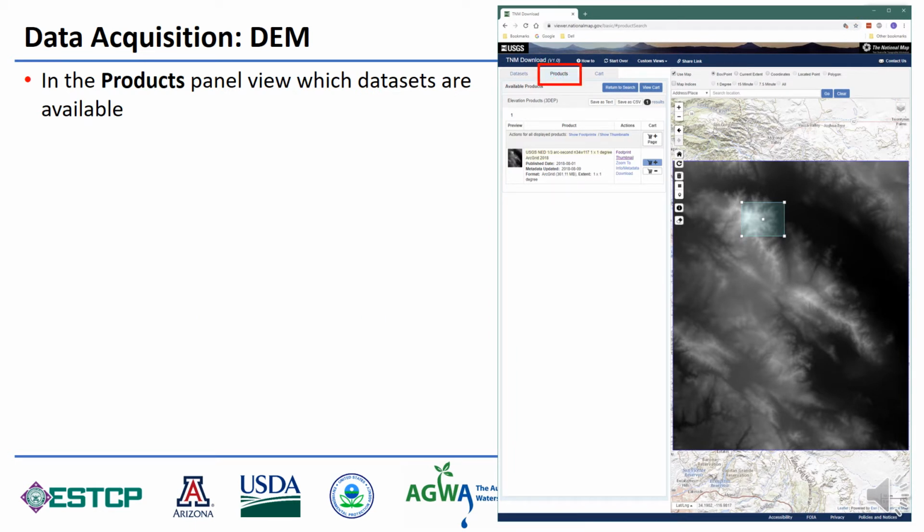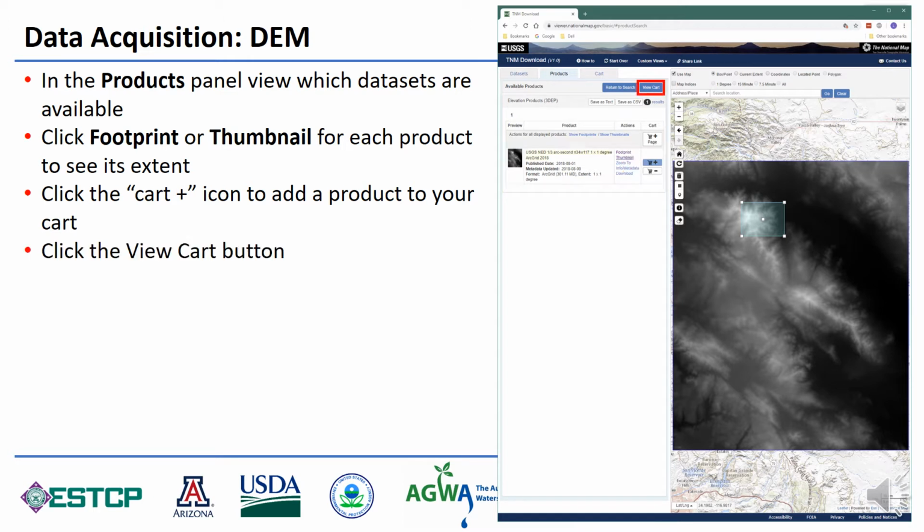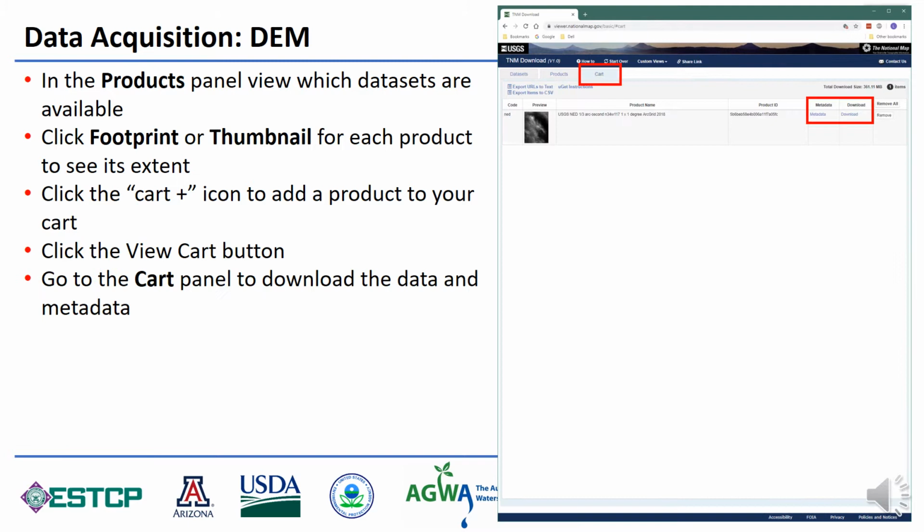In the next screen, go to the Products panel to see which datasets are available for your area of interest. In the list of products, click Footprint or Thumbnail for each product to see its extent. Click the Cart Plus icon next to each product to add that product to your cart. Then click the View Cart button on the top part of the screen.